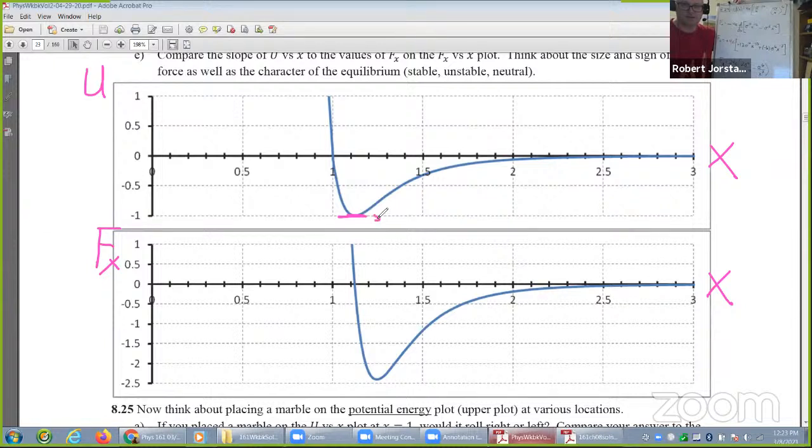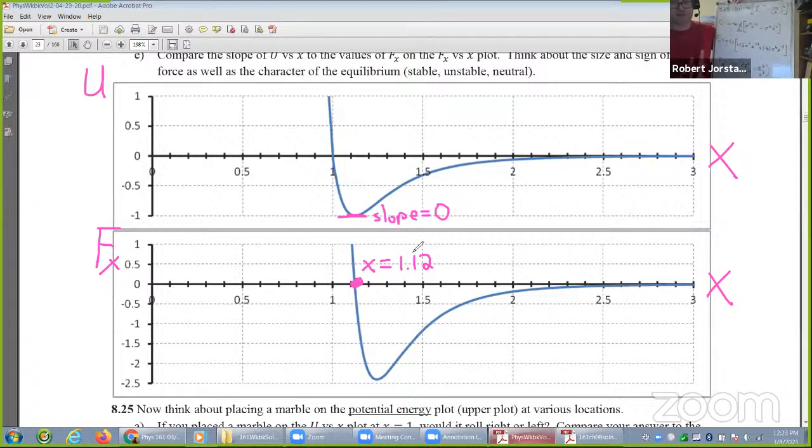I see the slope equals 0 right there. And notice the force is equal to 0. And notice that's at x equals 1.12. So this is x in units of sigma, if you will.